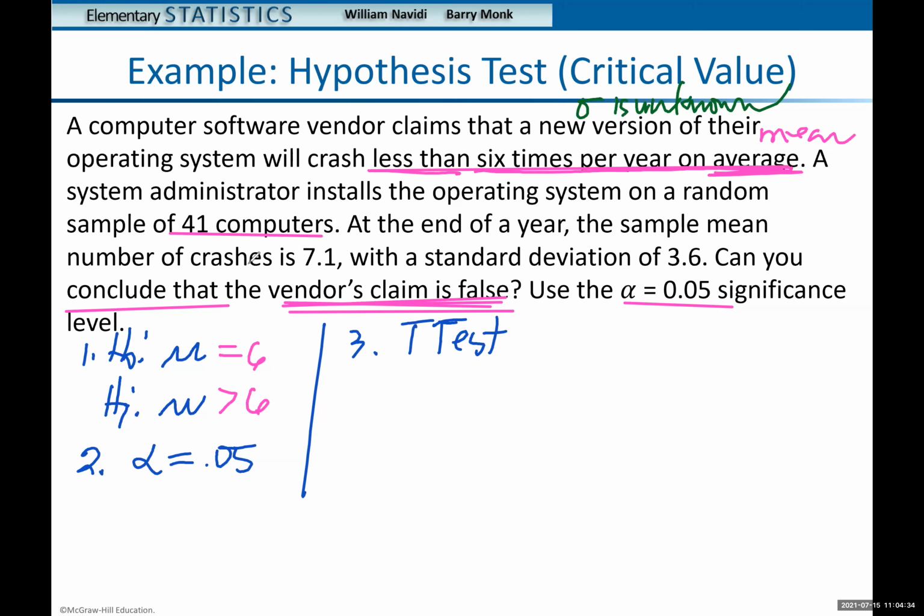Enter your mean, standard deviation, and you have your n. What is your answer?